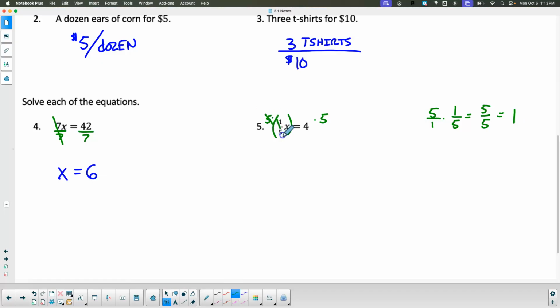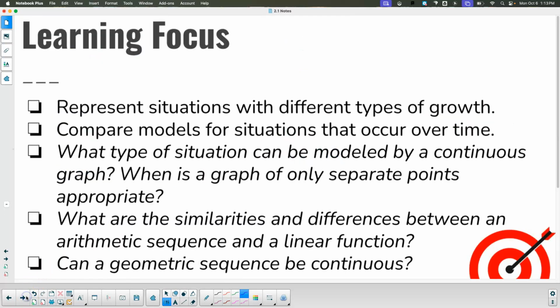So this 5 cancels out that 1/5, leaving me with just x equals 20. Good to go on that one? Love it. Any questions on those first 5? All right. Let's go on to page number 3.